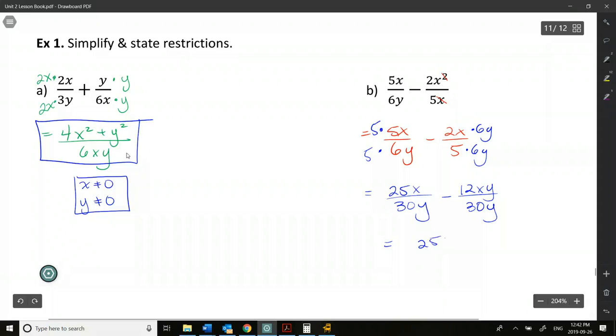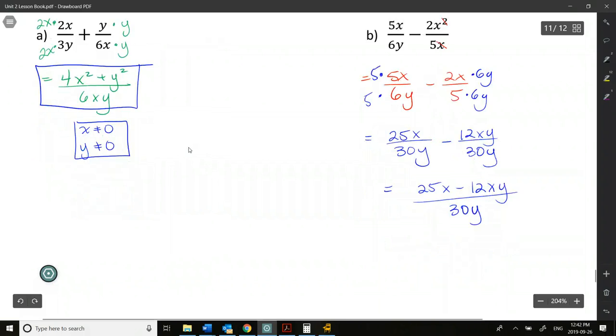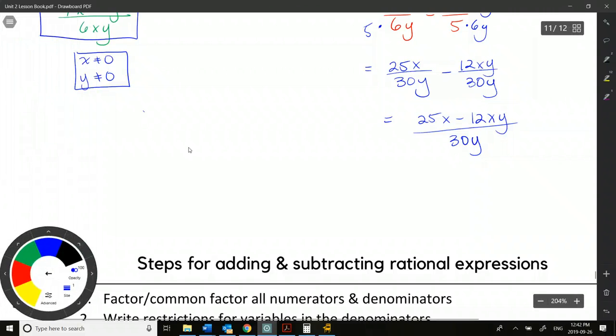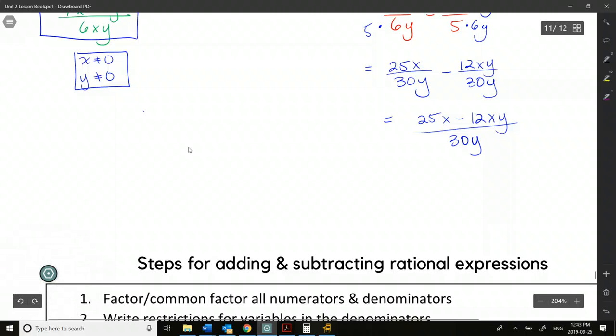Okay, I'm just going to merge these into one fraction. Okay, and then usually to have this fully simplified and fully complete, we usually will see if there's any common factors up here.